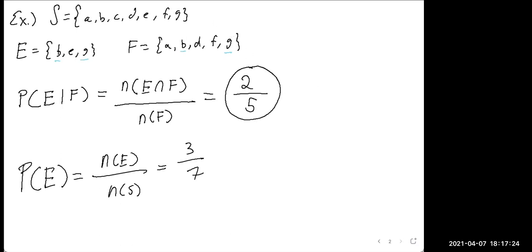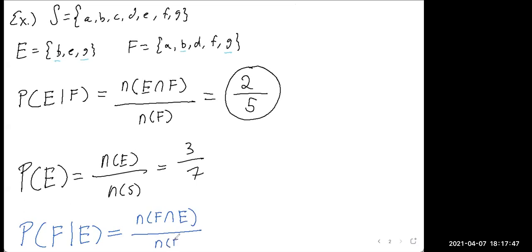And I'm going to add another one, maybe a different color, so we can keep track. I want to show you that F given E is not necessarily the same probability. So F given E is the number of things in F intersect E over the number of things in E. Well, what they share is the same.